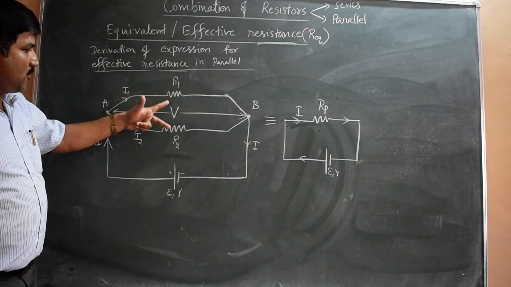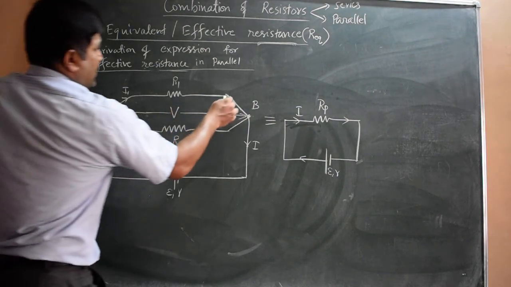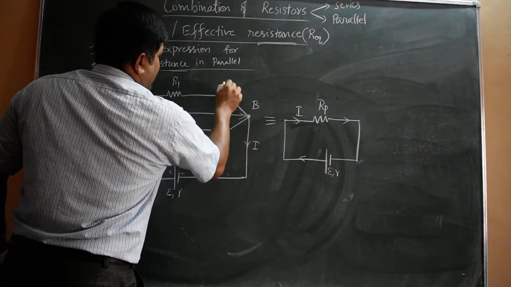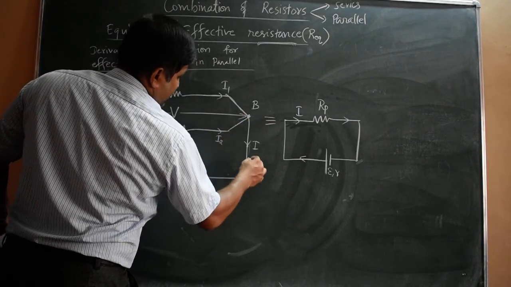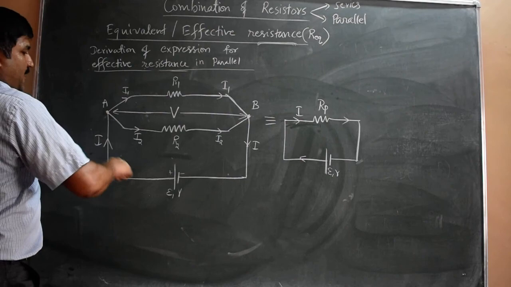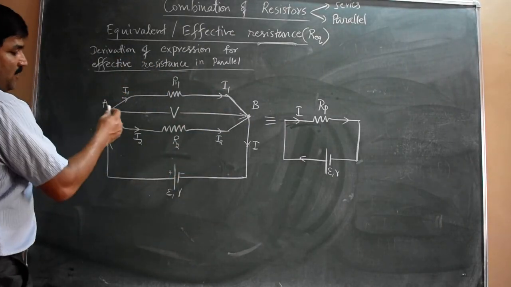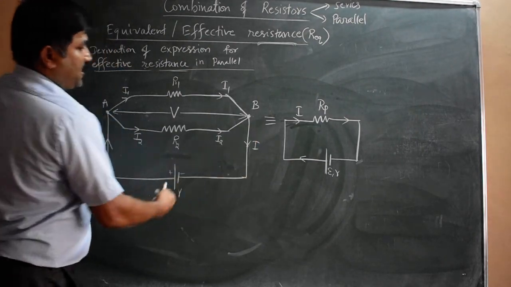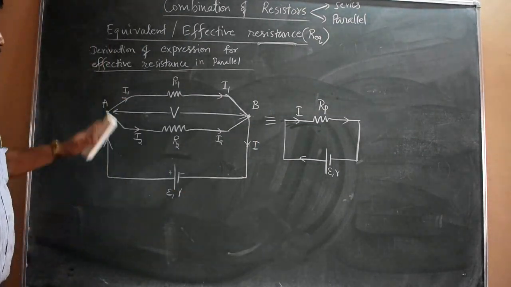Similarly at junction B, the currents I1 and I2 enter and the current leaving is I. So the current in a closed loop should be the same: the current drawn from the positive terminal is the current entering the negative terminal of the cell or battery.